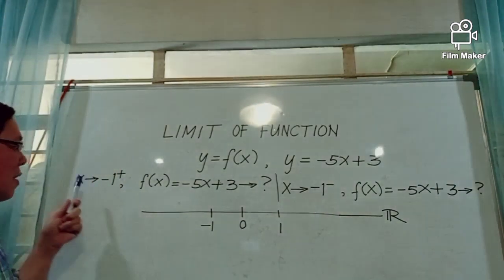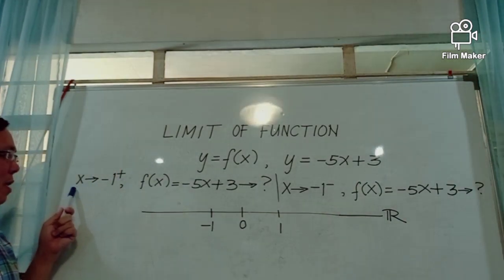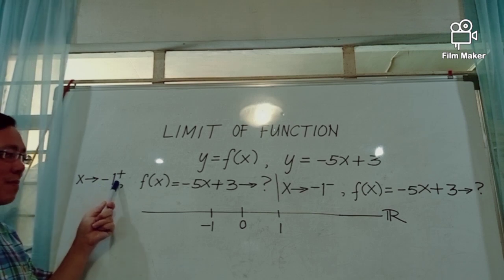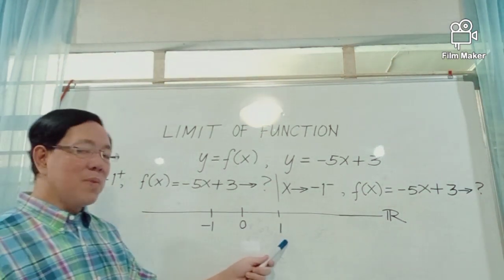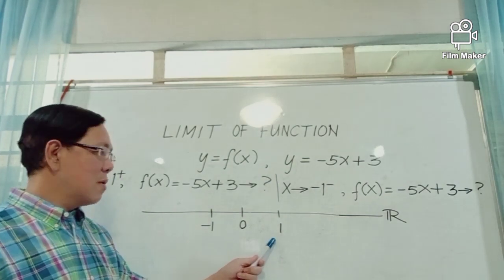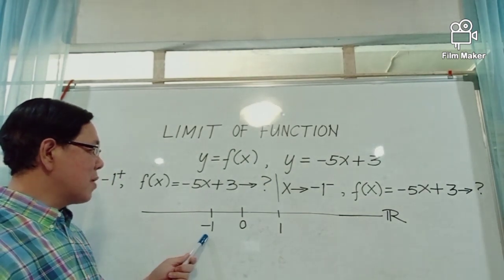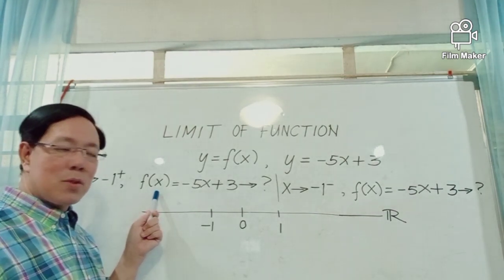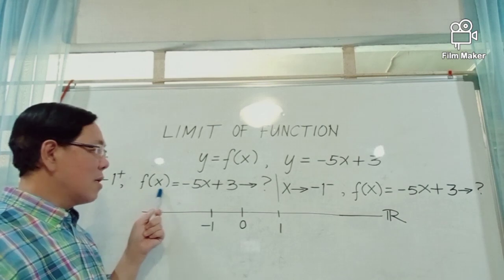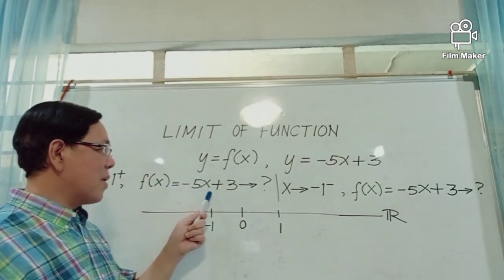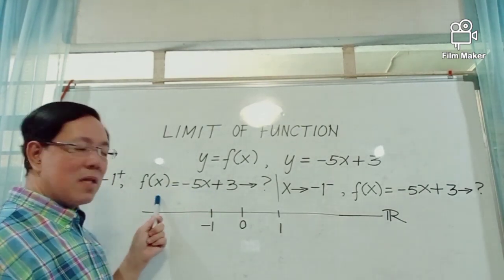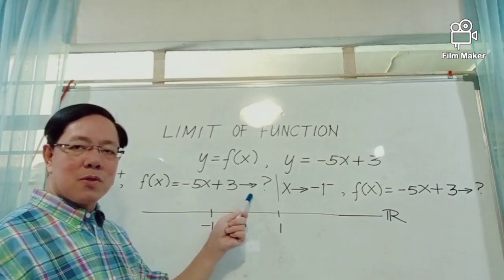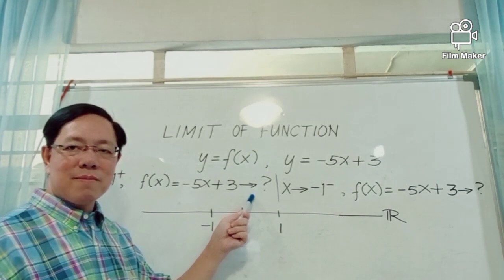Hence the use of this notation, x approaches negative 1 from the right. If the values of x approach negative 1 from the right, we will investigate what will happen to the values of the function f of x equals negative 5x plus 3. Will the values of this function f of x also approach a certain number?